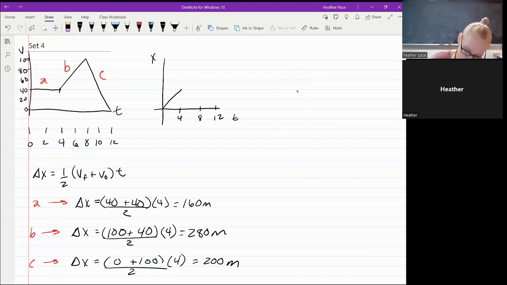So what we're going to have for B is going to be something like this. Now that is ugly, but that is as good as I can get it, I think. So that is where our velocity is increasing. Then our velocity suddenly decreases.